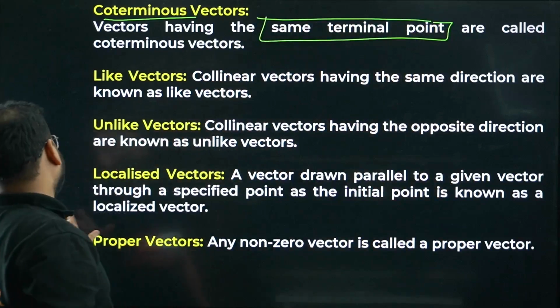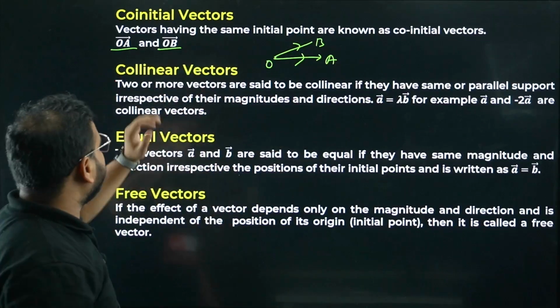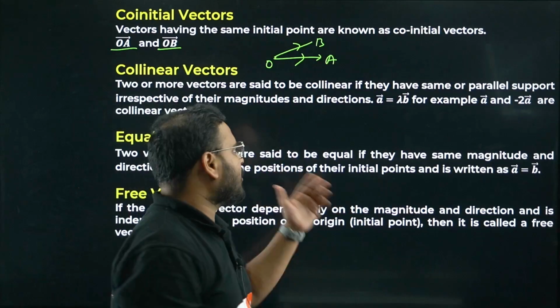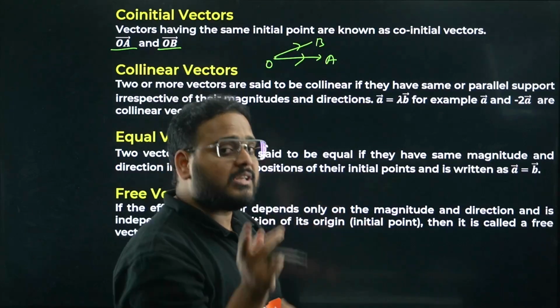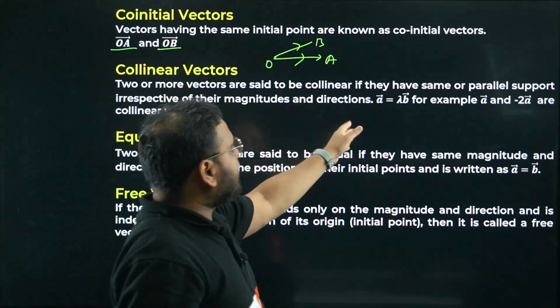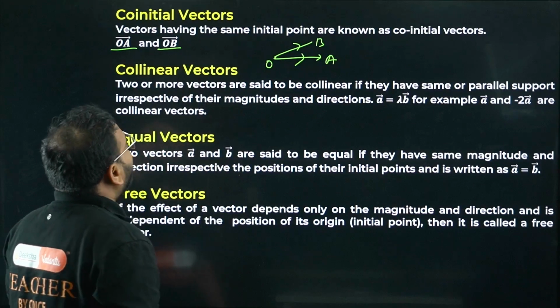All right, let's get back to this. Now what we have next is collinear vectors. Two or more vectors are said to be collinear if they have the same or parallel support, irrespective of their magnitude.